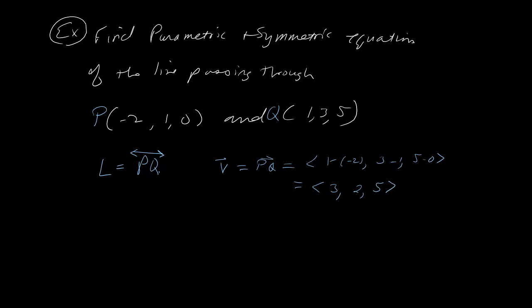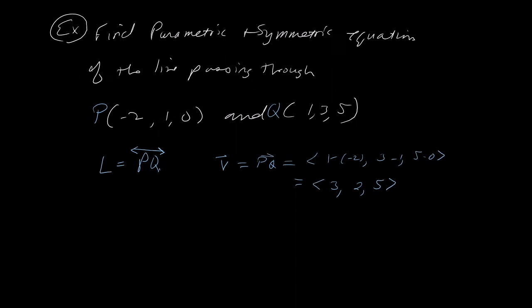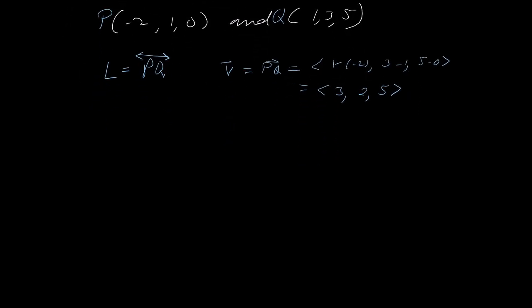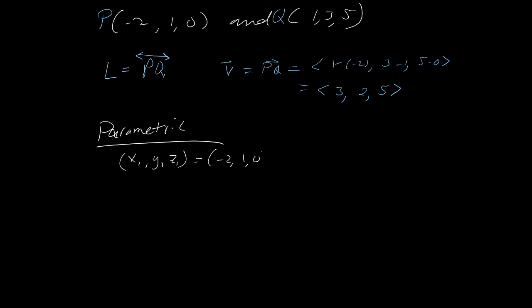Now you might have chosen to do this a different way. Maybe you wanted V to be equal to QP. That's perfectly okay. We will get different numbers, and when we set up our equations, we might get different equations. As long as it's representing the same line, it doesn't matter. I am going to choose to begin building my parametric equations from point P. So I'm going to let x1, y1, z1 be equal to negative 2, 1, 0.